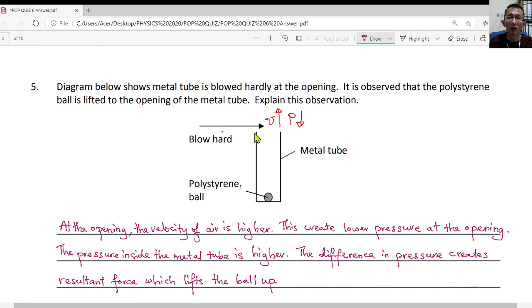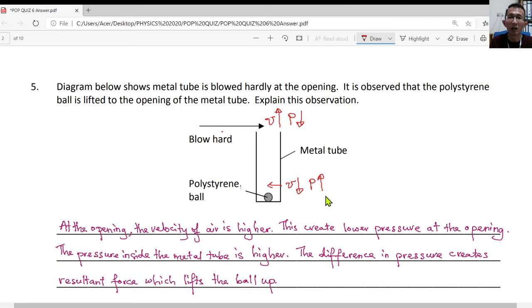So at the opening here, the air moved with a higher velocity, therefore at the opening here I have a region of low pressure, but inside here I don't have any air movement. If there is, then it will be very slow, then the velocity at this region must be very low, hence the pressure must be high.